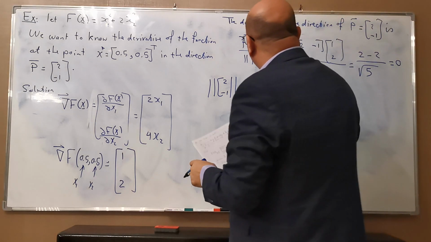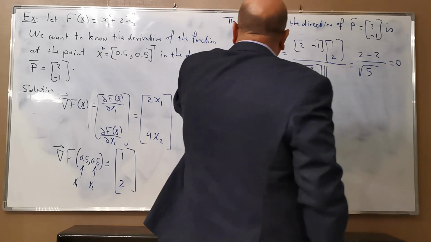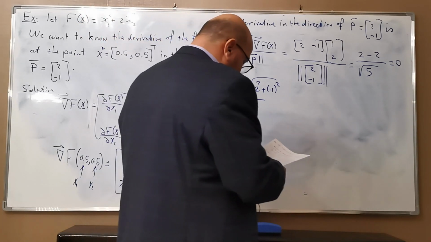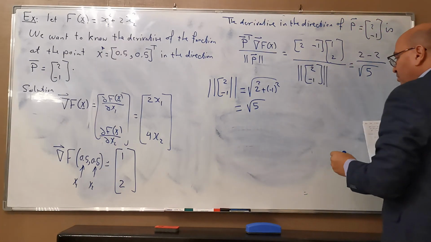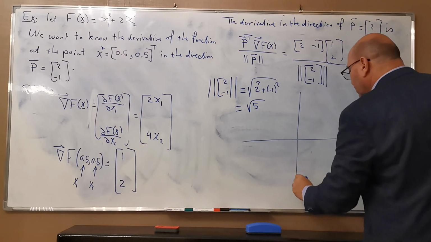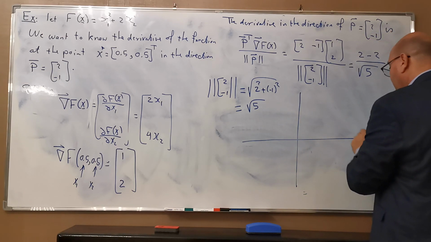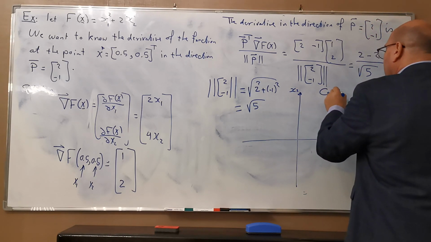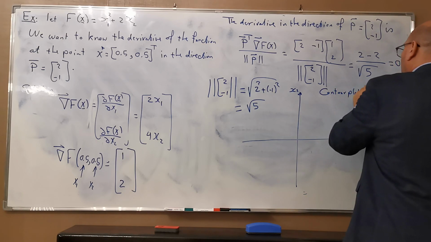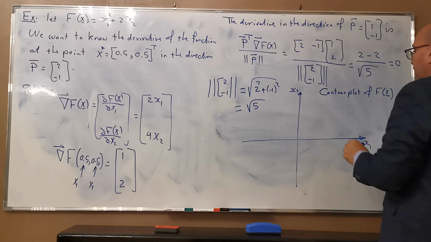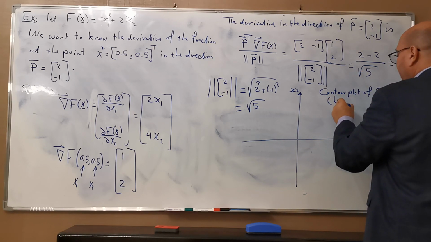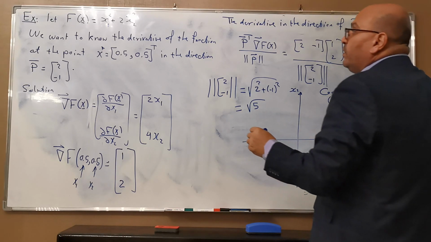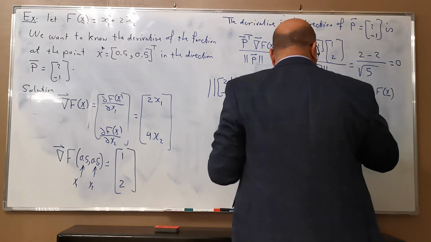So once you get a 0, it means that the gradient at this point and the vector are normal to each other. They are perpendicular to each other. If we draw a rough diagram showing an x1 and x2 plane, and draw the contour plot of f of x, sometimes called level curves, we have parabolic level curves or contour plots.